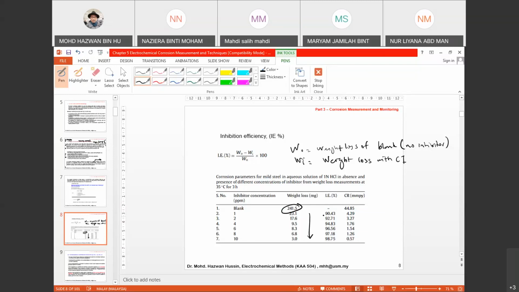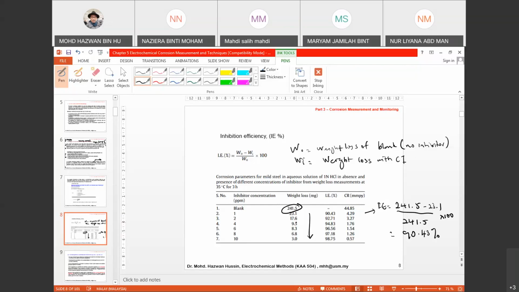You can then calculate the inhibition efficiency. For example, for 1 ppm, it is calculated as 241.5 minus 23.1 over 241.5, times 100, which gives 90.43%. The rest use the same calculation.